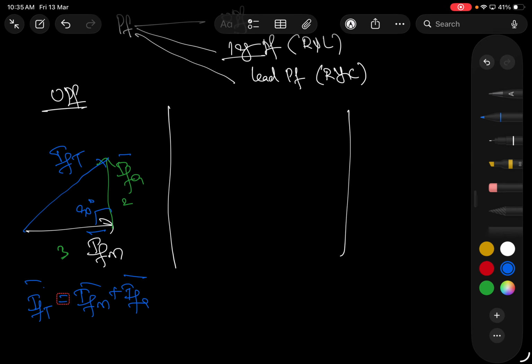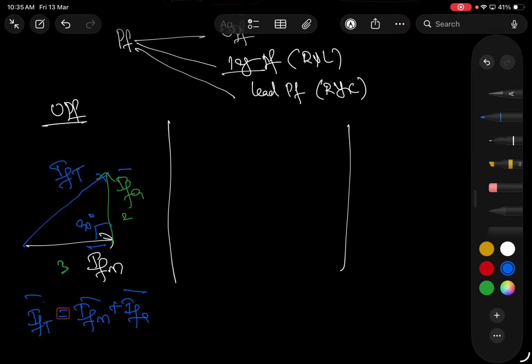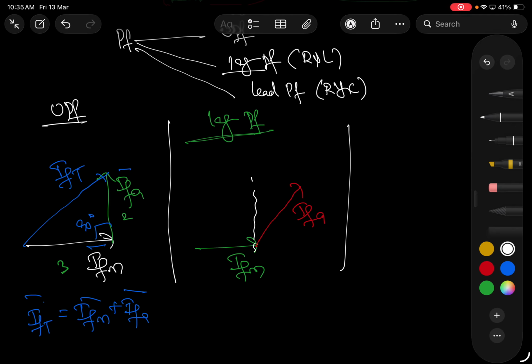Now for a lagging power factor. If this is IFM, IFA for a unity power factor should be on the dotted line here, but it is shifting by the angle phi, where phi is the phase angle.